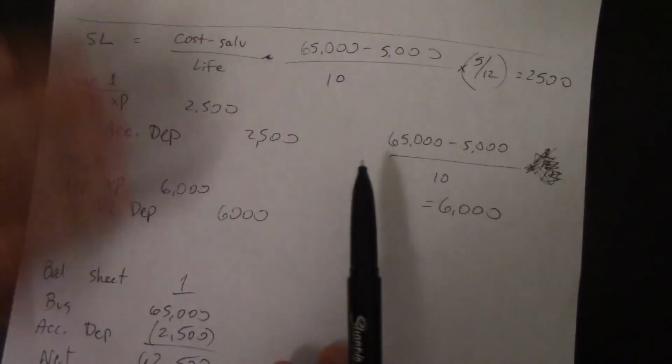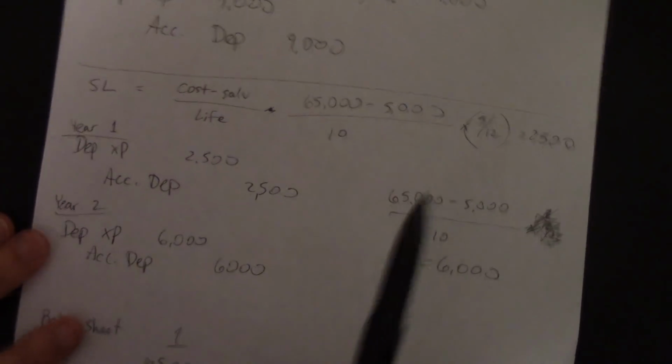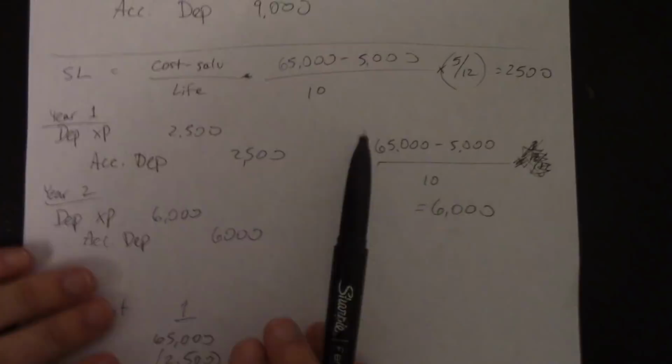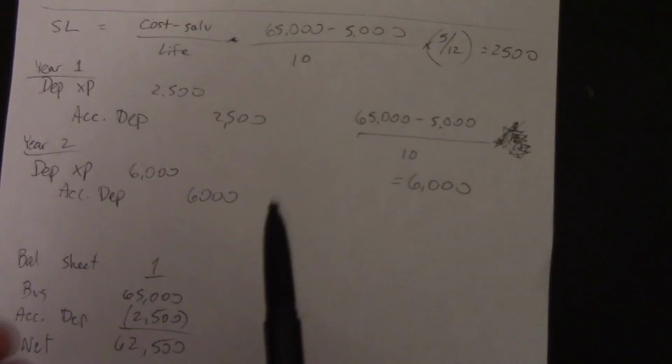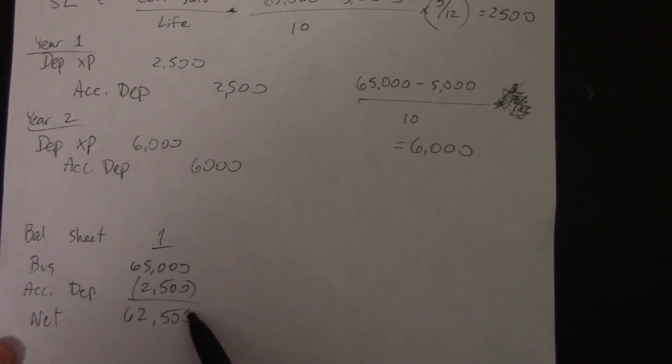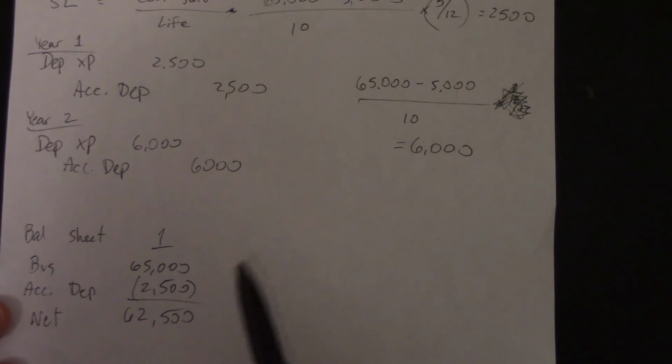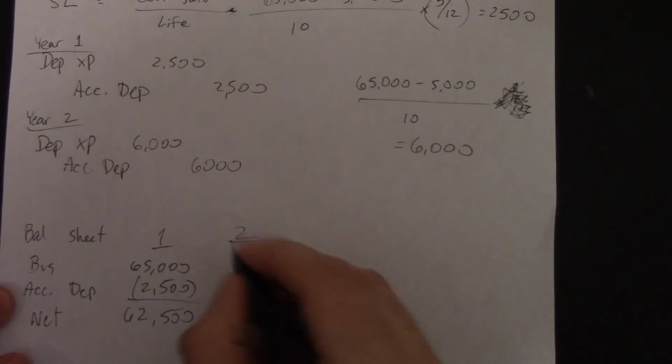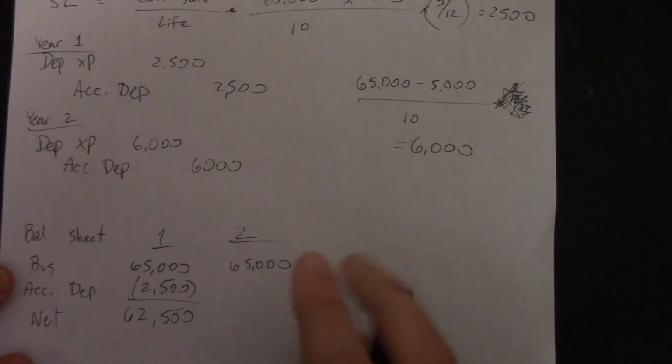In the previous, most recent straight line question that we did, we said at the end of year 1, here, let's go another year. So year 2, we've got $65,000.